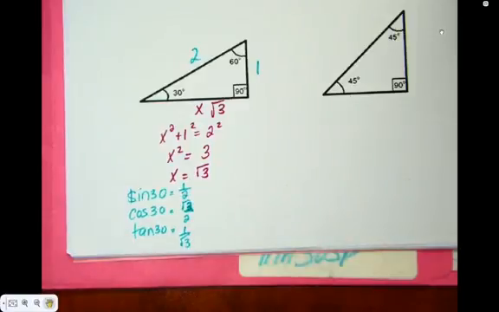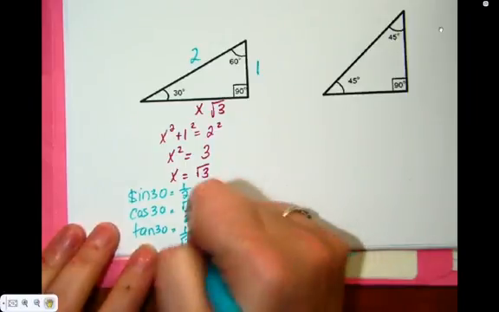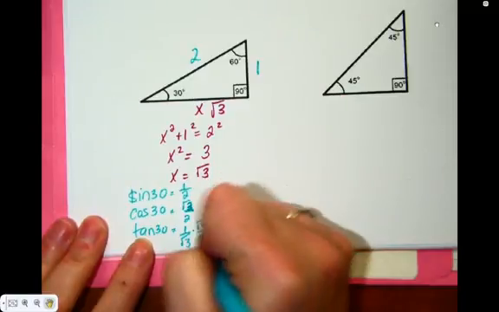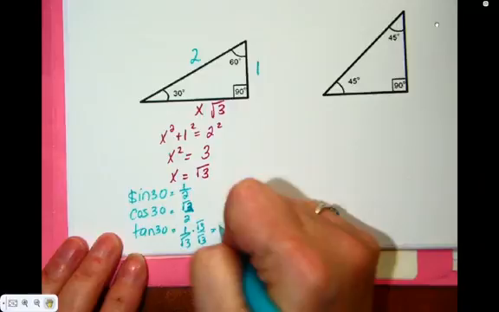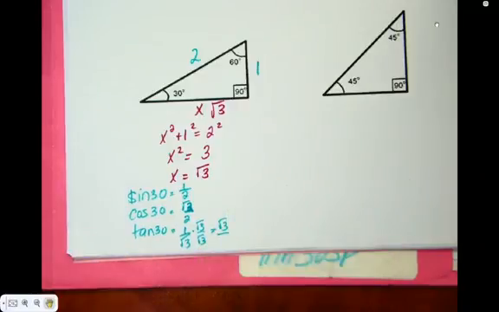But wait, we need to rationalize that because we don't like leaving the root on the bottom. Way back to Unit 2, rationalizing. How do we rationalize? Times by root 3 over root 3. Top becomes root 3, bottom becomes 3. You need to memorize that sine of 30 is 1/2, cos of 30 is root 3 on 2, and tan is root 3 on 3. I'll give you some tricks in a second, so don't panic.